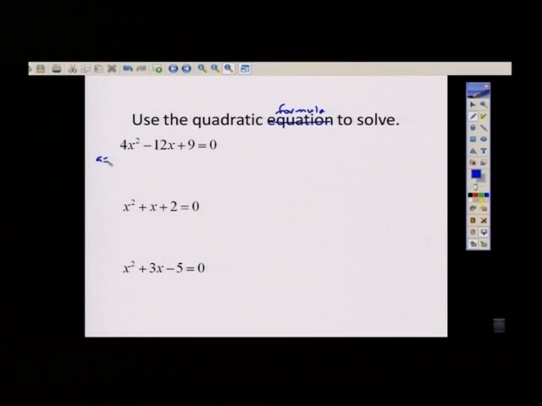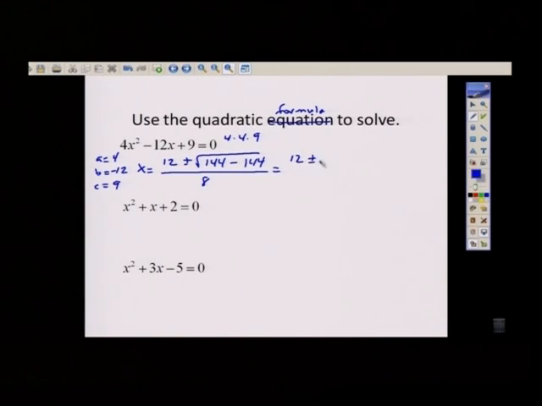Okay, on the first one, A is 4, B is negative 12, C is 9, so x would equal 12 plus or minus the square root of 144 minus 4 times 4 times 9, which happens to be 144, all over 2 times A. So I get 12 plus or minus the square root of 0 over 8.